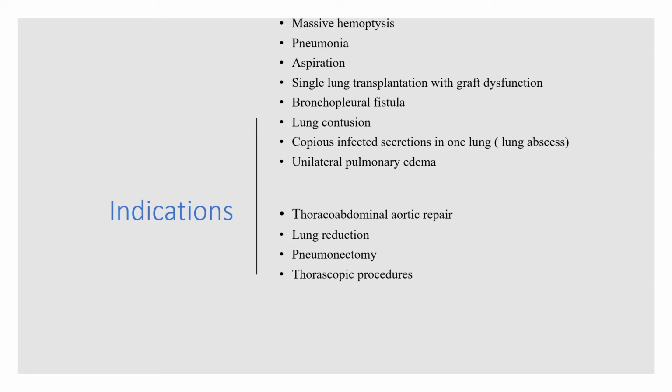So some of the indications for doing this procedure are massive hemoptysis, pneumonia, aspiration, single lung transplantation, bronchopleural fistula, lung contusion, or if you have copious infected secretions in one lung, like a lung abscess, and you don't want that to get dropped over into the good lung.